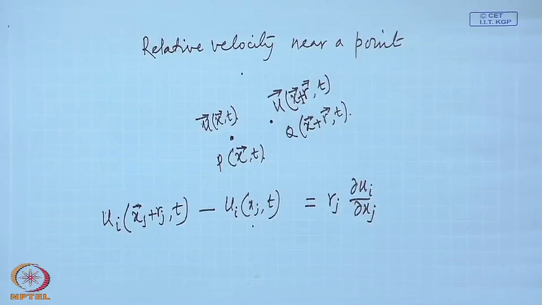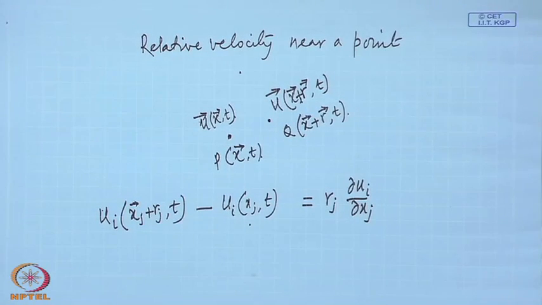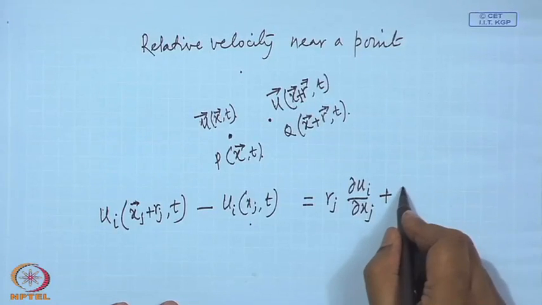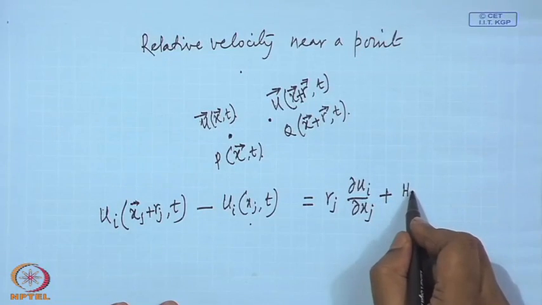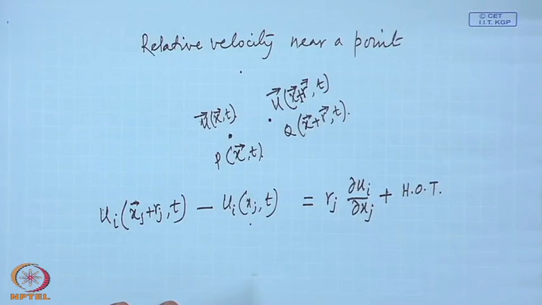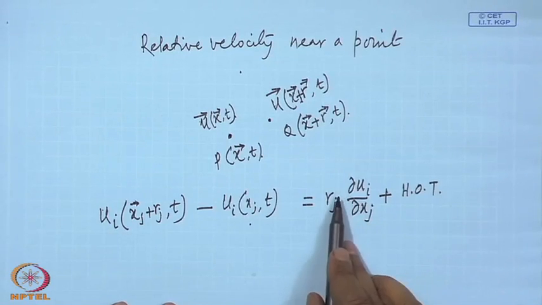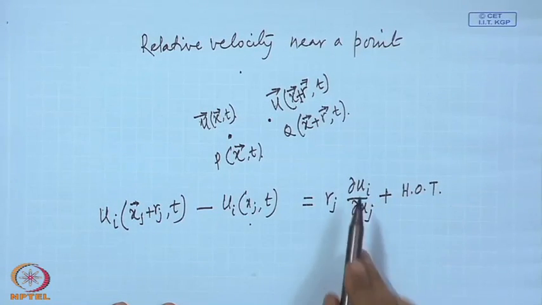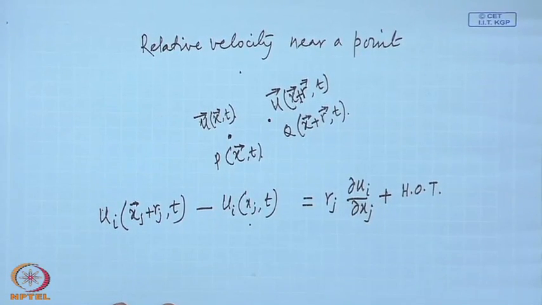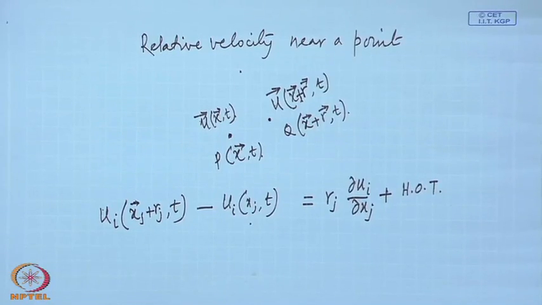But assuming that r j is small, to the first order, this is what is required, plus higher order terms which involve square of r j, d 2 u i d x j 2, and so on.